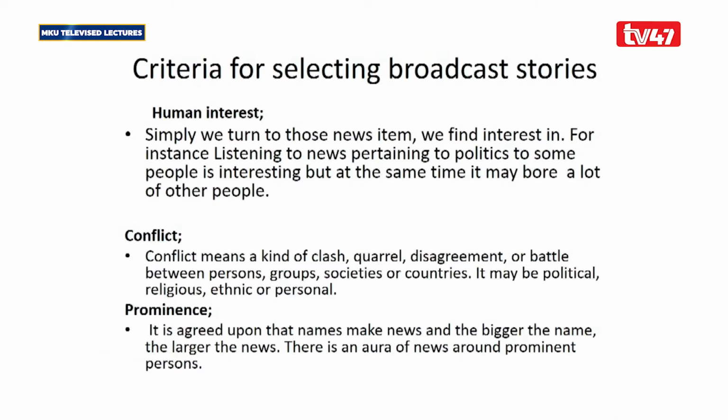Big names usually make news, okay? So we are simply saying that you go and identify whether there is a prominent person within that event. If there is, that warrants you to pick that story or select that story for your broadcast.